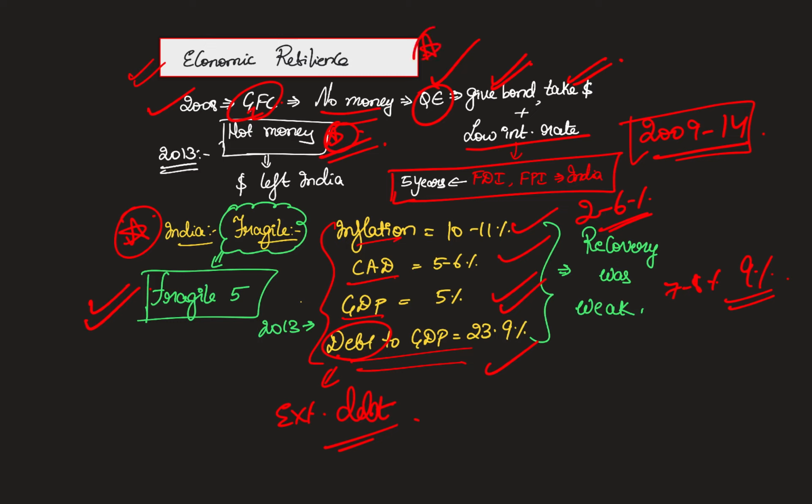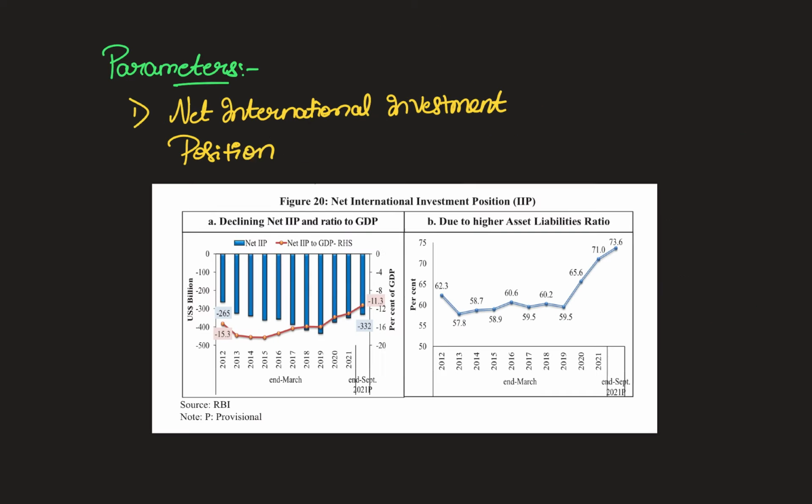In order to test the economic resilience of the future, we have to look at these parameters in the present times, especially in the times of the pandemic. Also, certain other parameters like the net international investment position: whether Indians are investing abroad or money is actually moving out of the country. This is what you have to see.